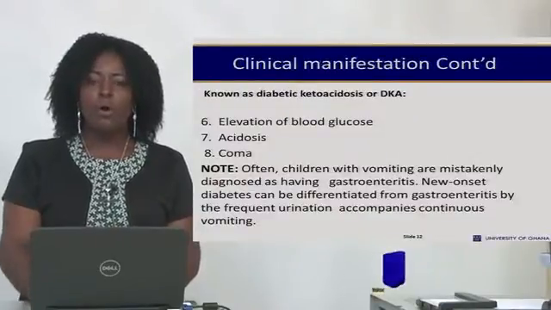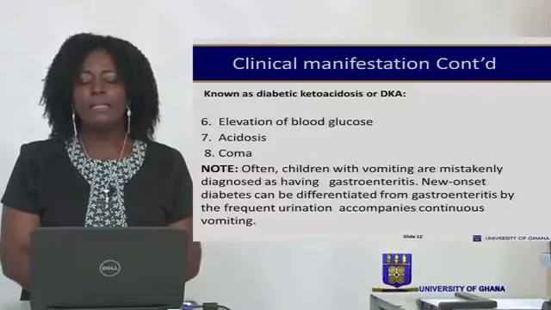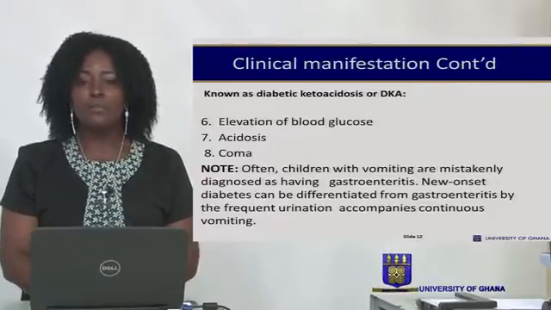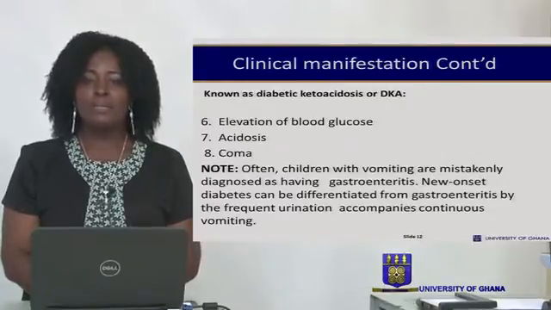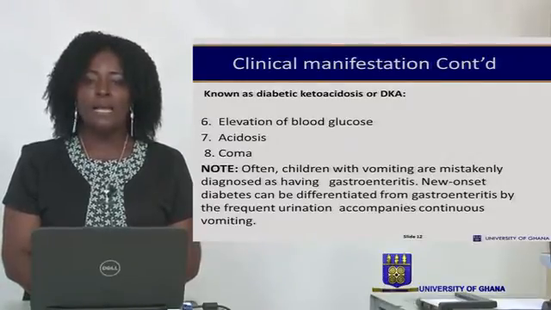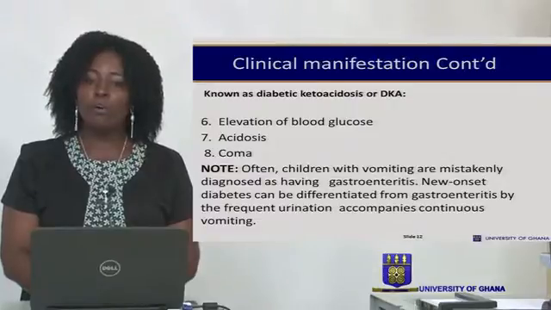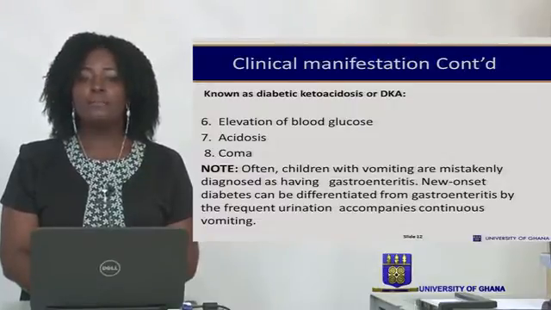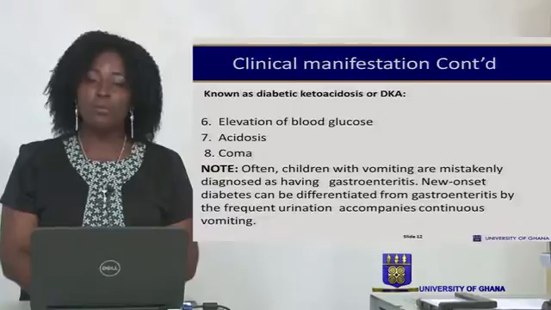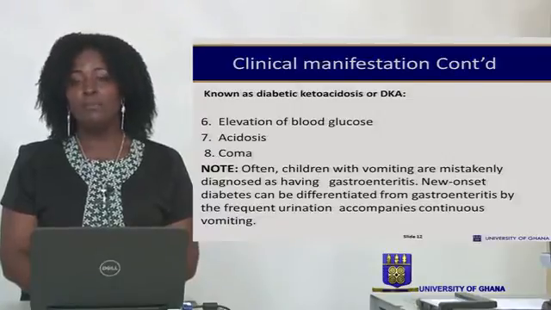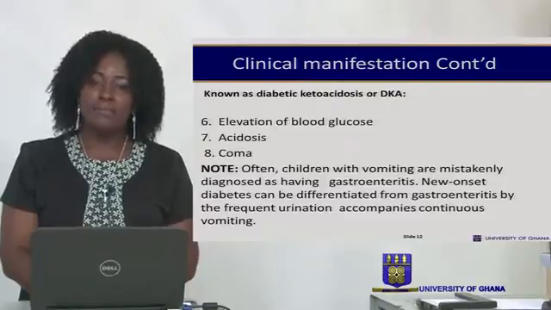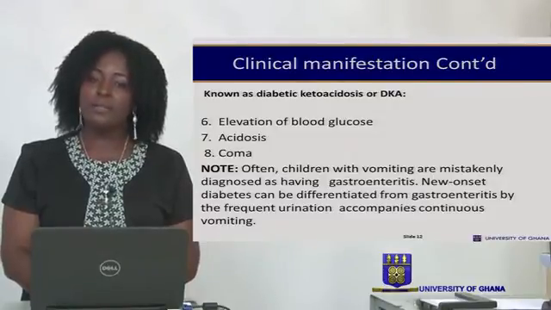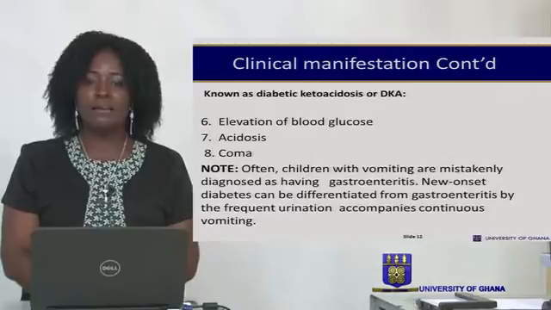Often in this condition, the differential diagnosis is gastroenteritis because children will exhibit abdominal pains, and this often leads to wrong diagnosis, because when they have abdominal pains, most of the time it is seen to be gastroenteritis, whereas most of the time it is not.